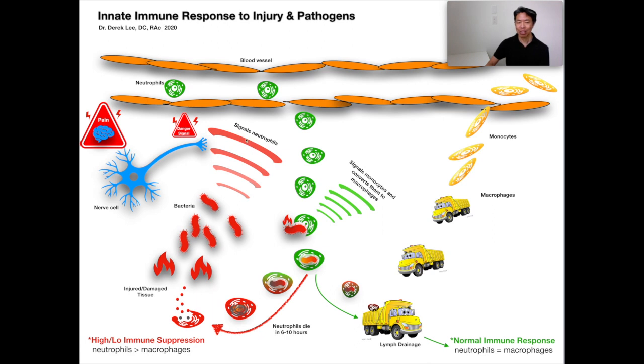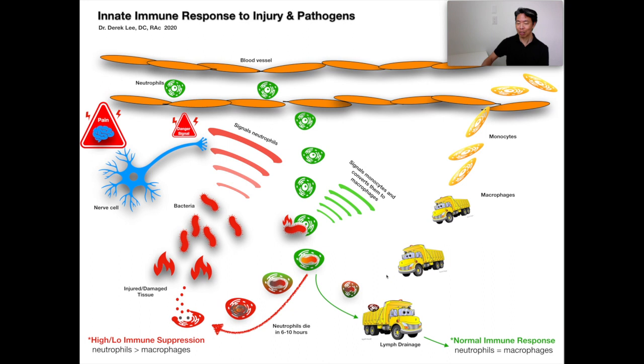Now, these signals will continue towards the capillaries or blood vessels, where these neutrophils, these green cells, will start to penetrate the blood vessels into the surrounding tissue. They'll migrate all the way down to where the damaged tissue and the bacteria are. At the same time, these cells will start to release their own signals, which will call in what are called monocytes, which will transform into our macrophage dump trucks.